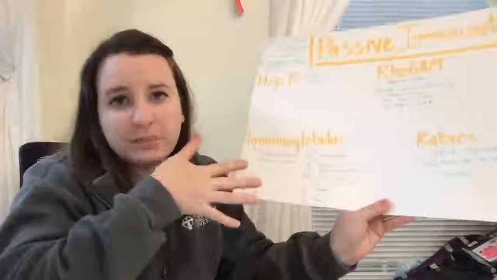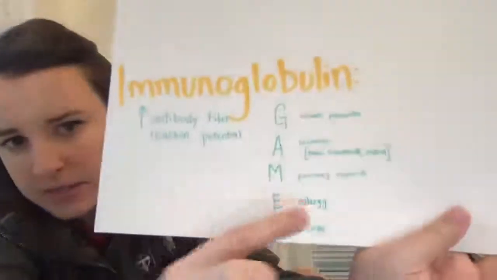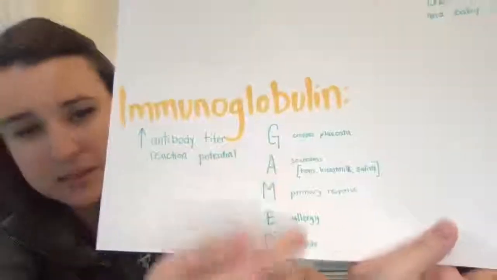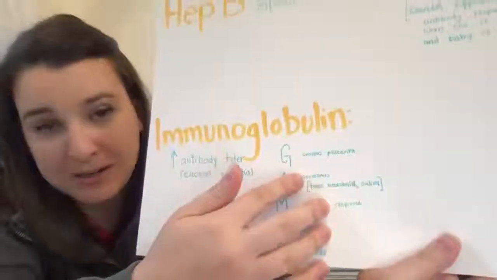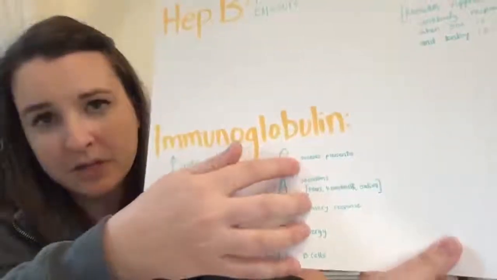Immunoglobulin, this is going to increase antibody titer reaction potential. There's 5 different immunoglobulins that your body makes: G, A, M, E, and D. This is not all the information you would need to know about immunoglobulins. These were the 5 different ones that your body makes, so I just listed them here.